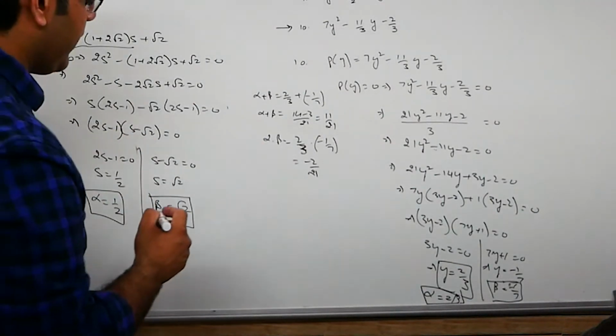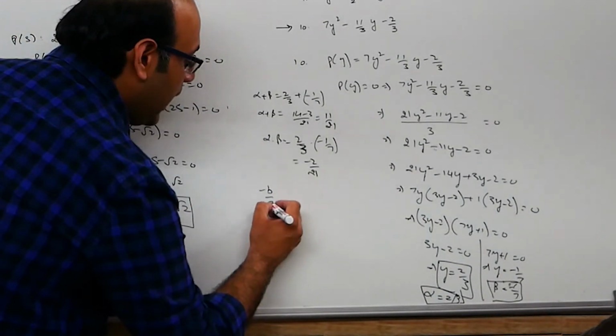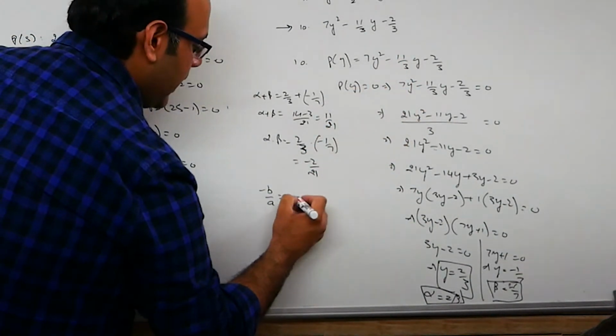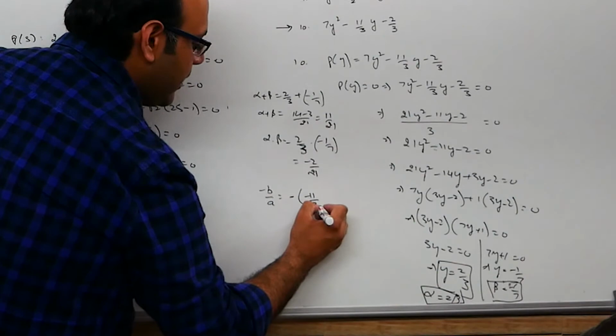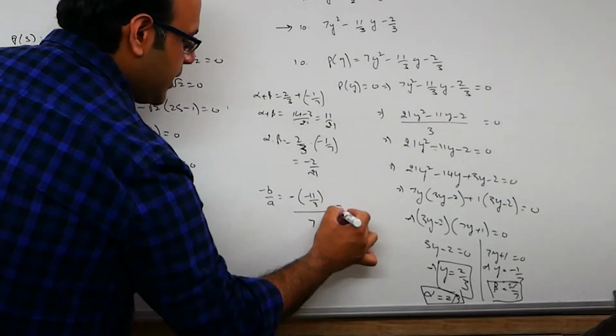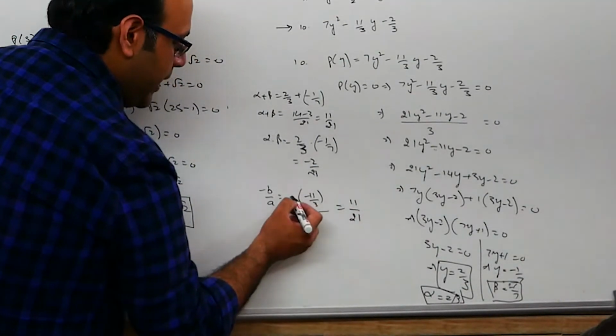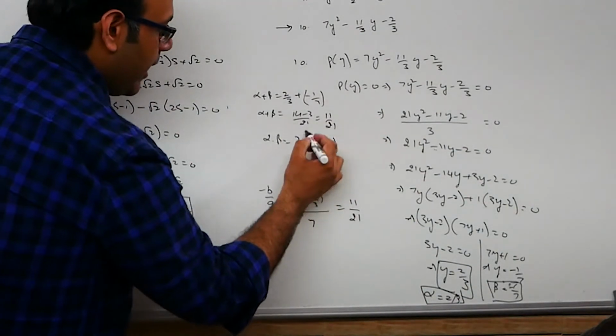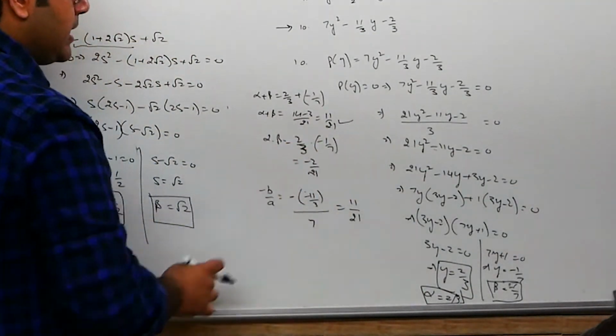Correct? Let's verify. What's minus b upon a? Minus b upon a is negative of minus 11 by 3 from this polynomial upon 7, which gives me 11 upon 21. Minus minus cancel होके plus हो जाएगा. 3 into 7 is 21, and I get 11 by 21 as alpha plus beta.